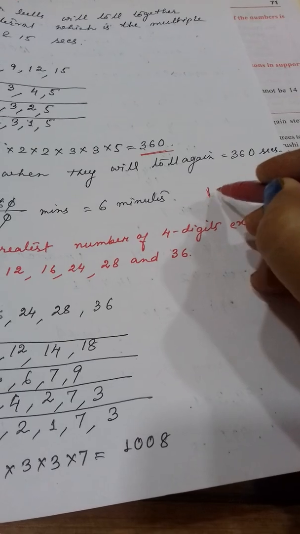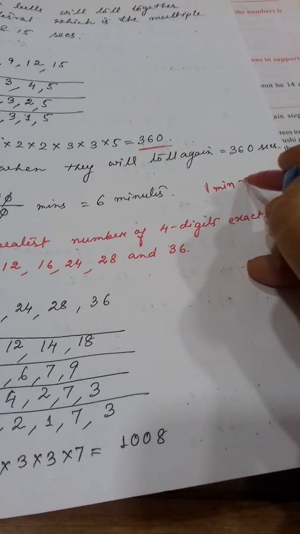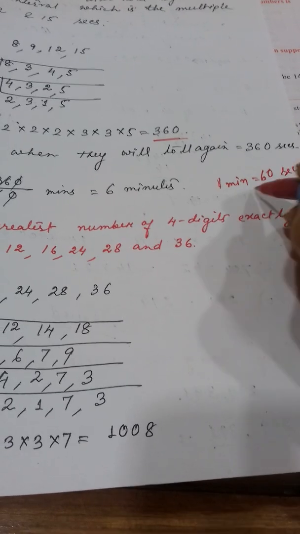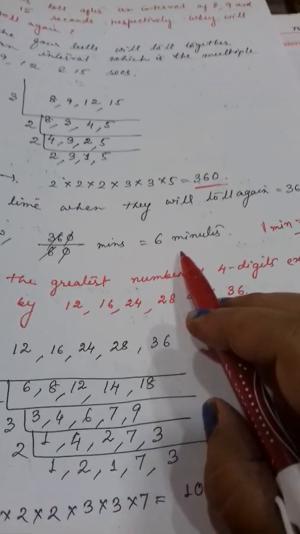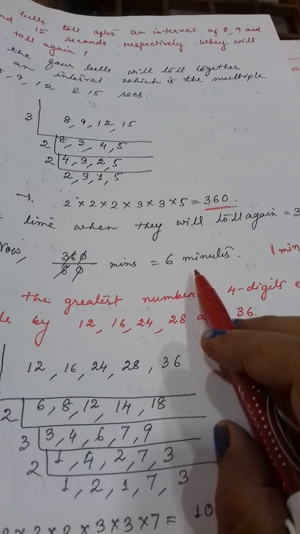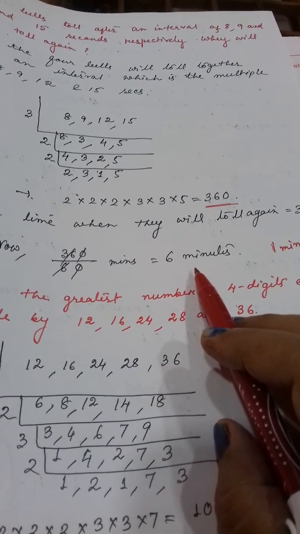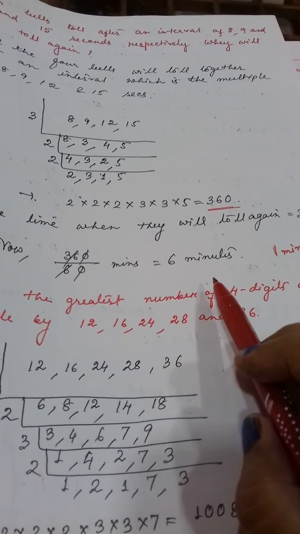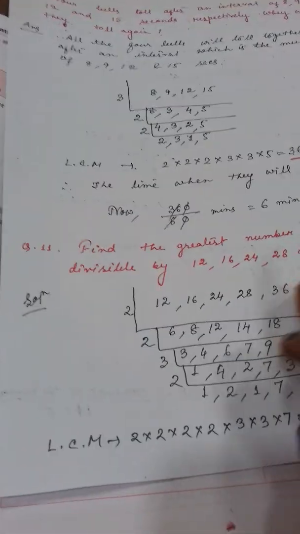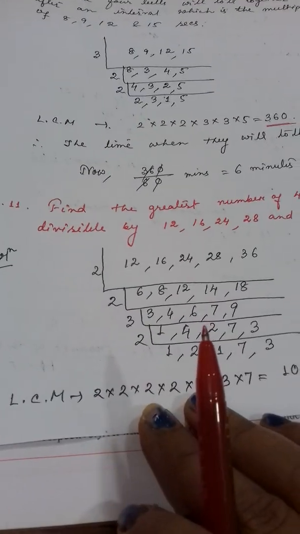This thing you know or not? 1 minute is equal to 60 seconds. So you have got 6 minutes. That means all the bells will toll again simultaneously together after 6 minutes. Clear or not? Next question is there, question number 11.